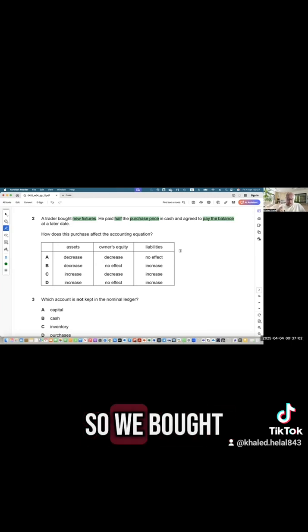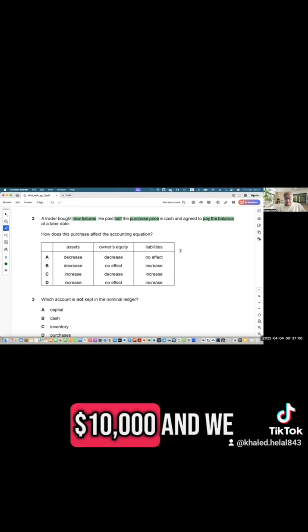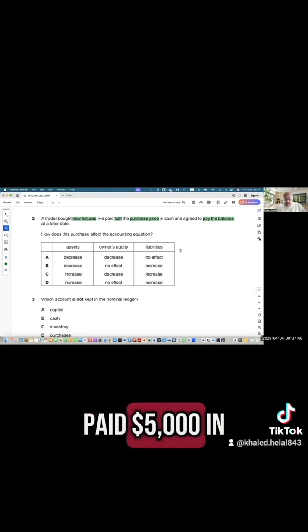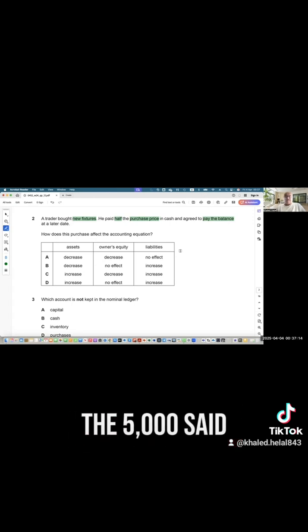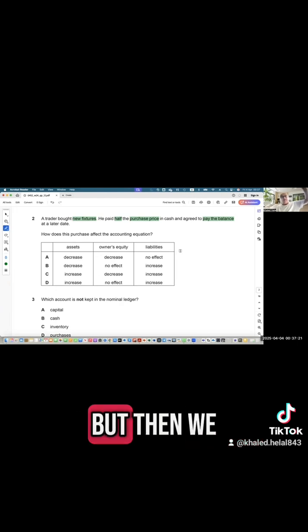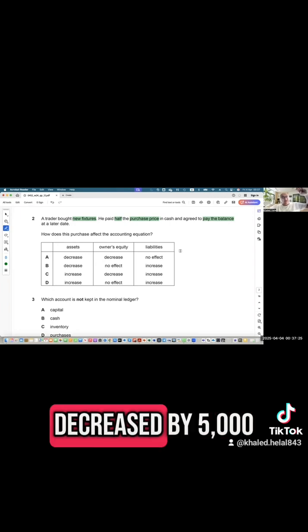So we bought, for example, a fixture for $10,000 and we paid $5,000 in cash and $5,000 on credit. The asset was worth 10,000, so the assets increased by 10,000, but then we paid half, let's say 5,000, so the assets decreased by 5,000.